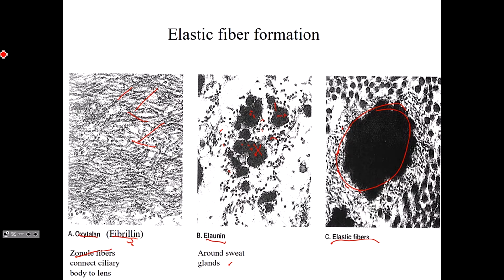So think of that rebar as the fibrillin fibers, and the cement is the elastin. So this arrangement of the fibrillin and the elastin, or the rebar and the cement, gives structural integrity to that structure. You can stress it and stretch it, and it's not just going to crumble.